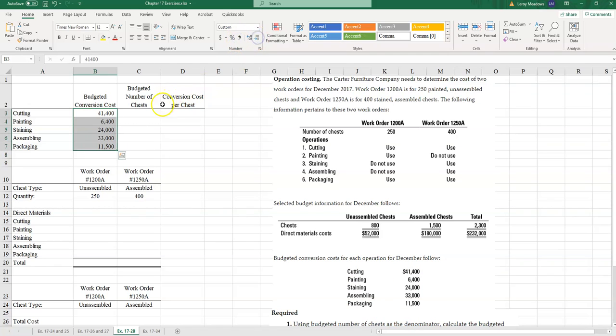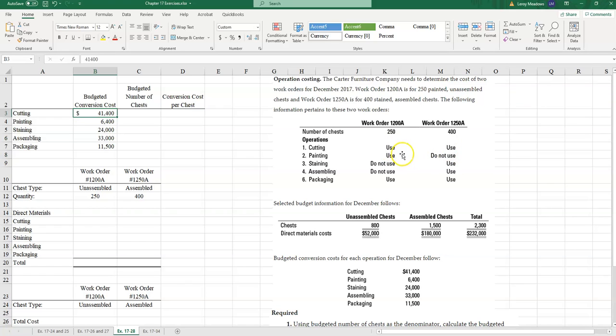Now, for each operation, I have to determine how many budgeted number of chests are going to pass through. So let's look at the cutting operations. Will the unassembled chest and the assembled chest, will both work orders use the cutting process?